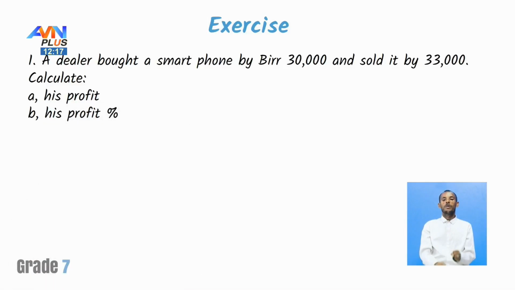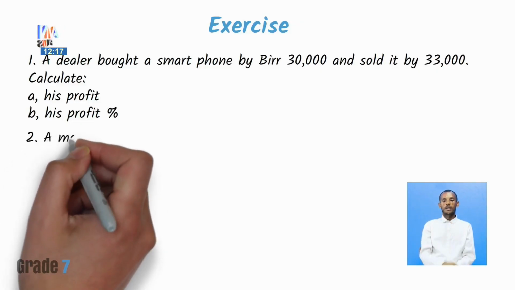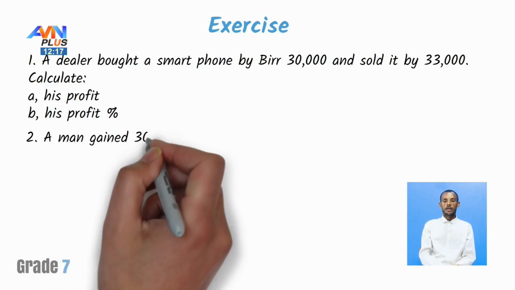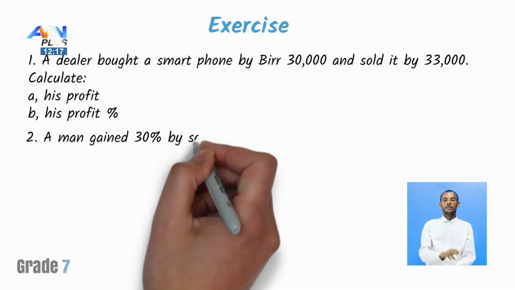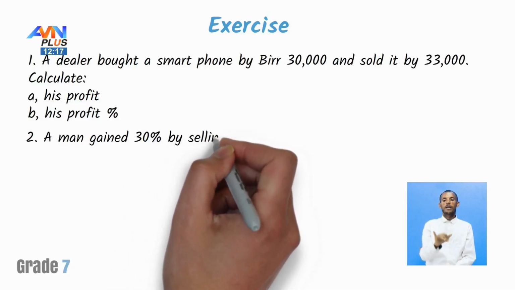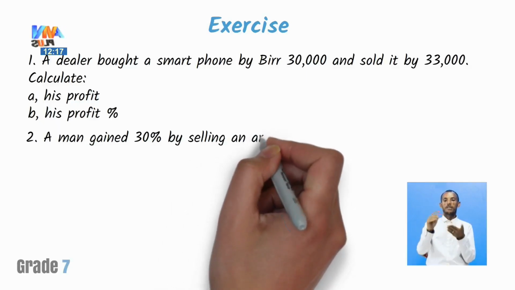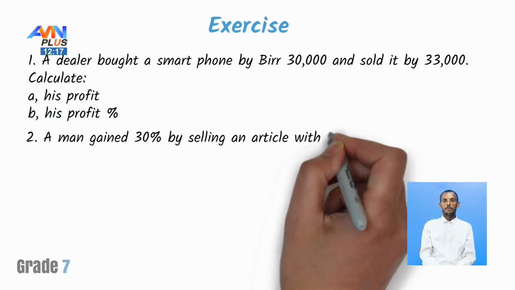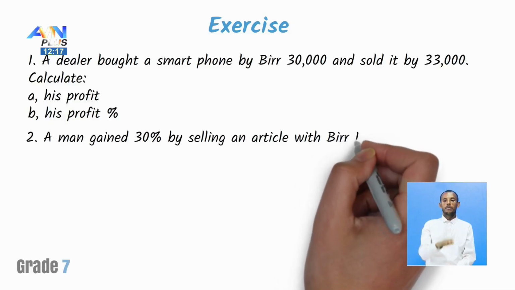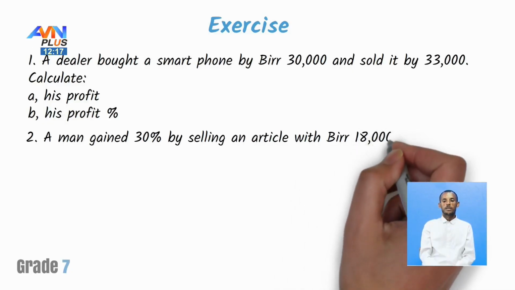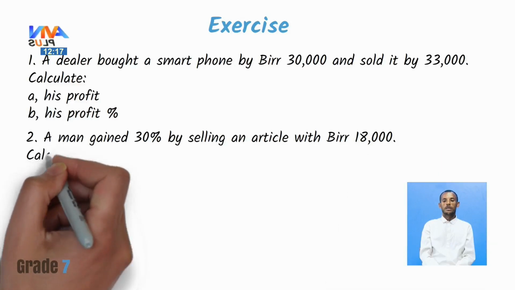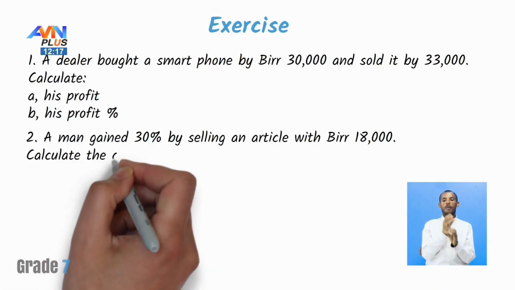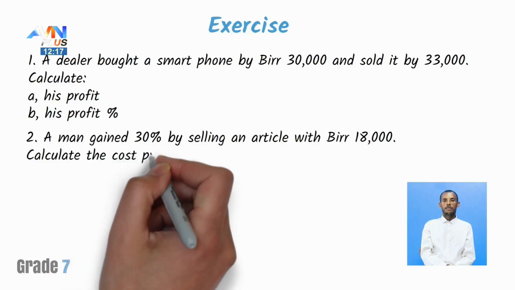So, the second question. A man gained 30% by selling an article for 18,000.